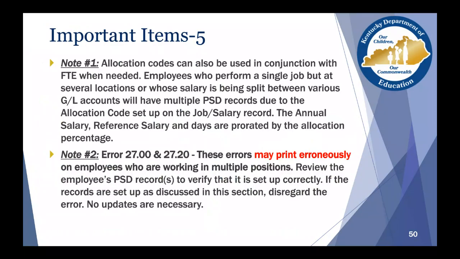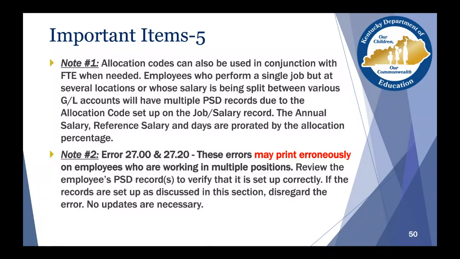For all districts, actually, if you're setting up separate job salary records, as I know recently you're having to do based on whether it's federally funded or general fund, you're probably going to see more of errors 27 and 2720 than you have in the past. But just remember that as long as you're looking at these and they appear to be set up correctly, you can submit your report.